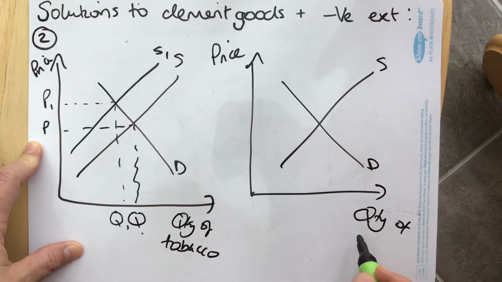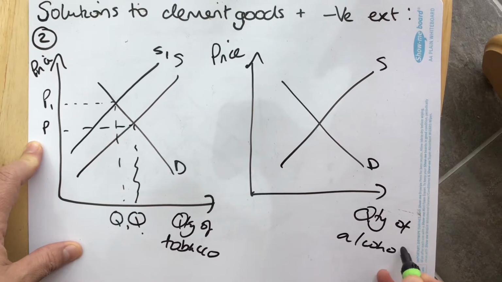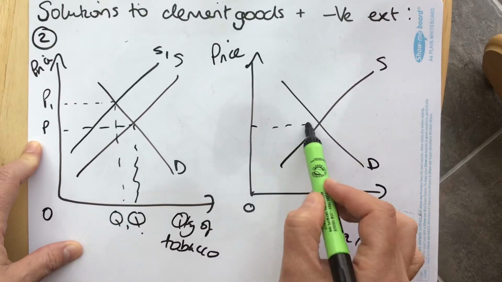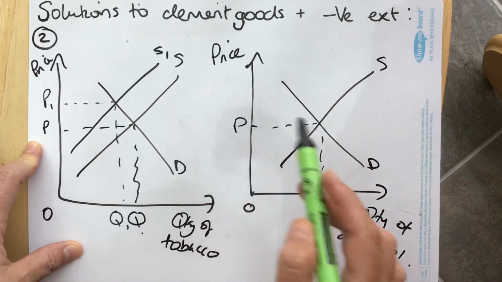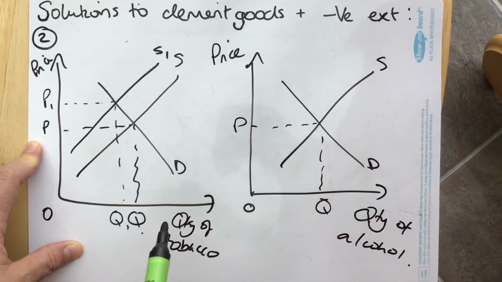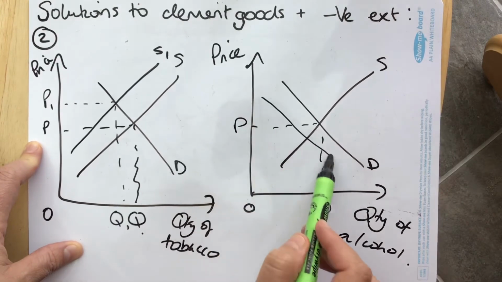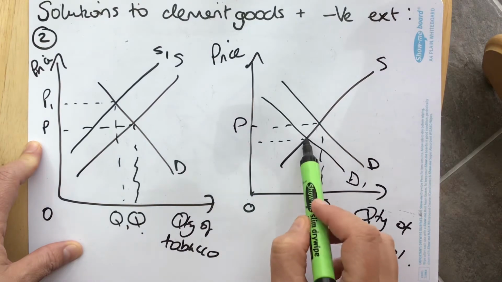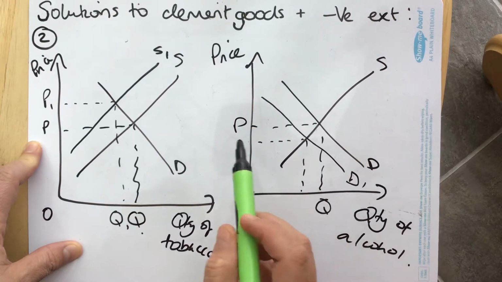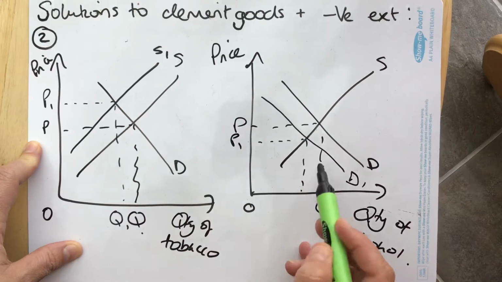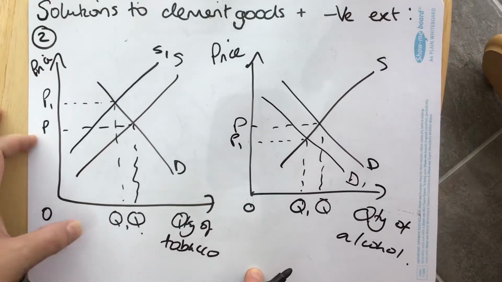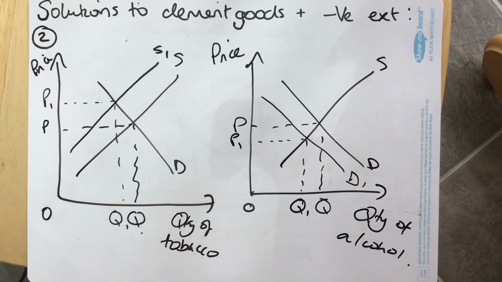So if we take quantity of alcohol that's being consumed, because of course there are age restrictions on who can buy alcohol at what ages. This then affects the demand for alcohol, causes a shift inwards, because the effective demand, the demand of what people can actually buy, is reduced because anybody under the age of 18 is not allowed to purchase alcohol themselves.